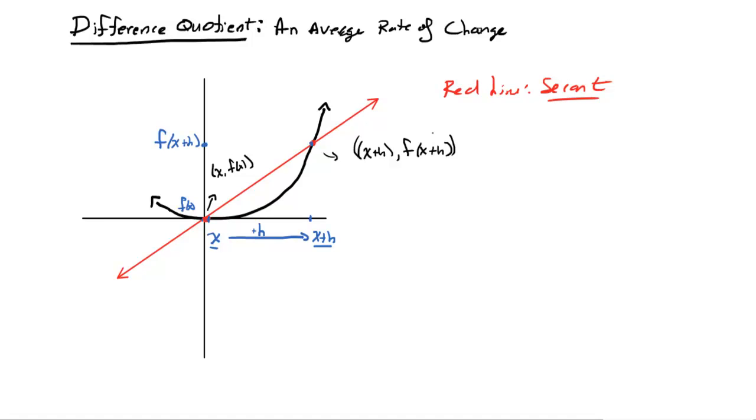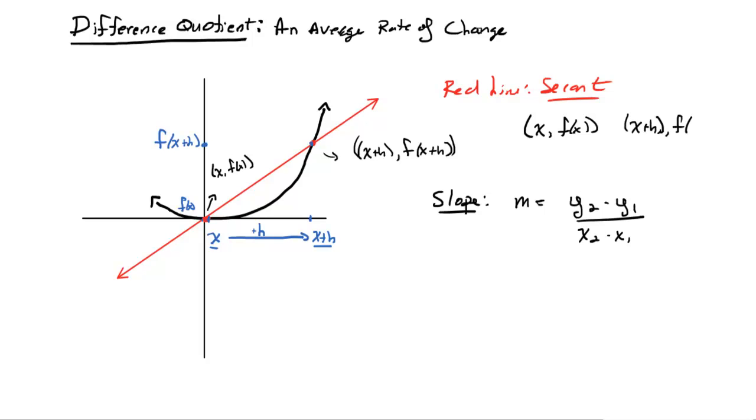So let's say that we want to find the slope between our two points. We always know the definition of slope is equal to y2 minus y1 over x2 minus x1. So we're going to have our two points, and I'll write them over here so we see them. We have x, comma, f of x, and then we have x plus h, comma, f of x plus h.